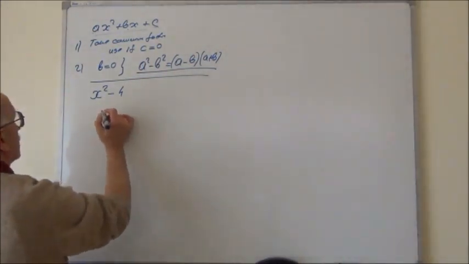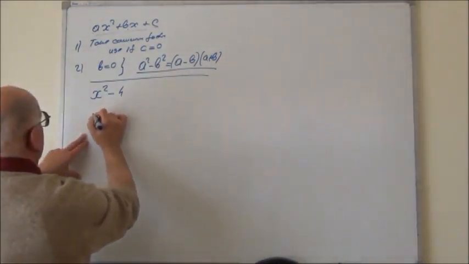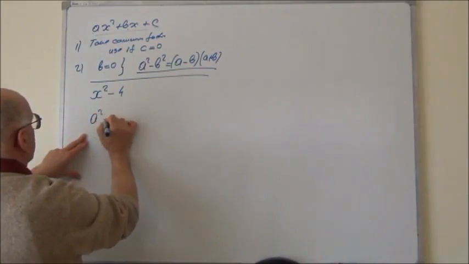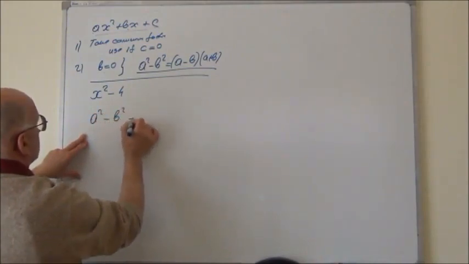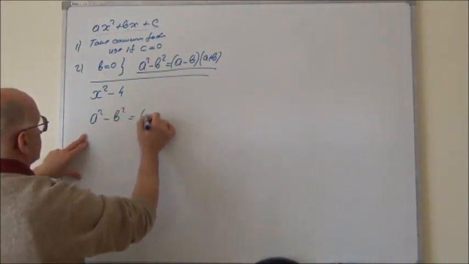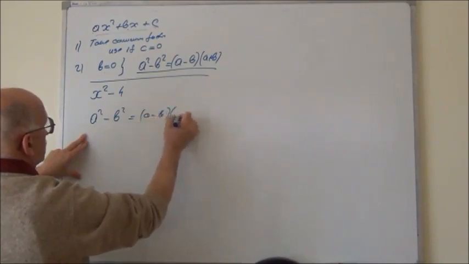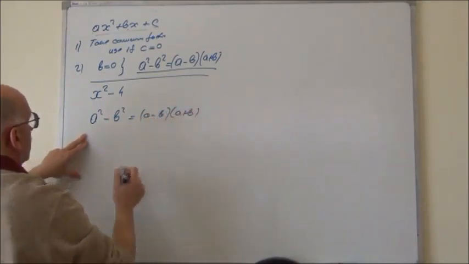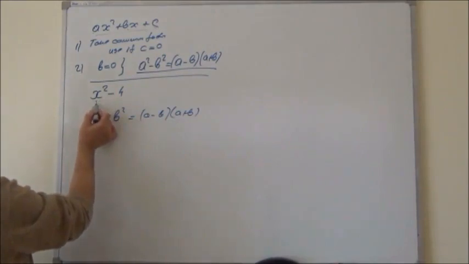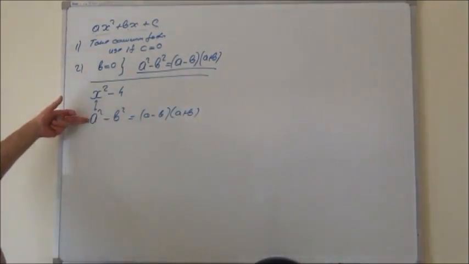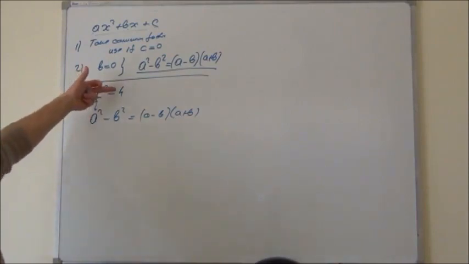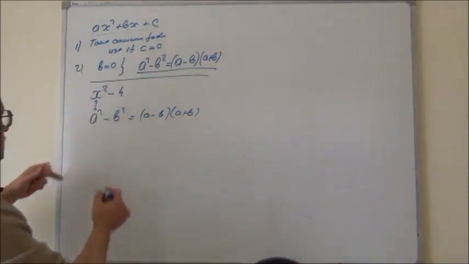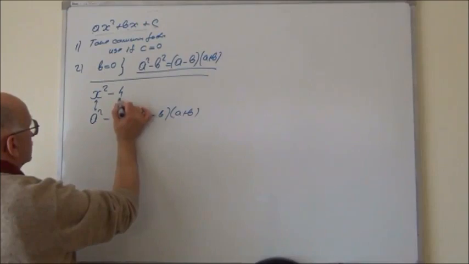Simply, we have a squared minus b squared equals, I will write this formula again, and what we have here is that x squared is like a squared, but 4 is like b squared.